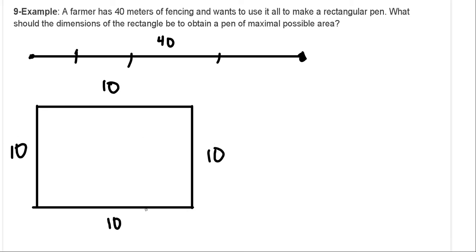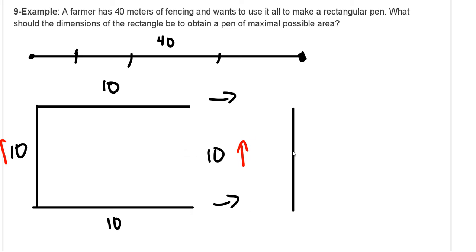But if we want to change the length and try to make it bigger, add some this way, then we have to subtract some this way to accommodate that. If you want to make it bigger one way, you've got to take away from these two.